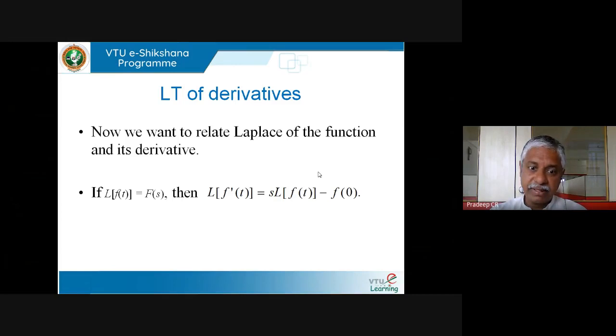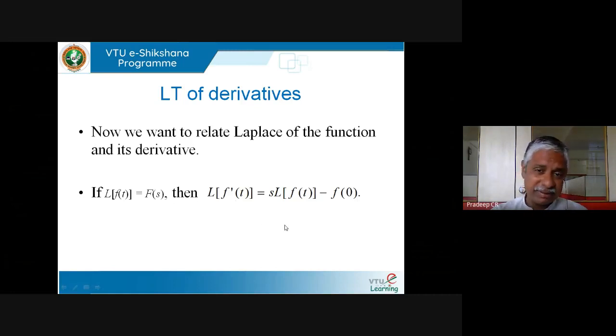If L of f(t) is capital F(s), this is our usual notation, then Laplace of its derivative is given by s times Laplace of f minus f(0). That means whatever this function value at 0 is, you have to subtract from s into Laplace of f(t) to get Laplace of f dash t, that is the derivative. So this is the formula.